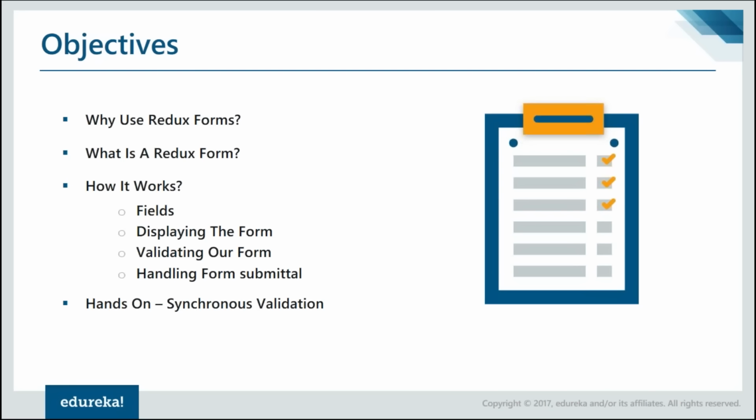Then we'll talk about what a Redux form is, its functionality and how it works, and the various features available in a React Redux form, for example fields and how we do validations on submissions. Then we will do some hands-on based on synchronous validation.